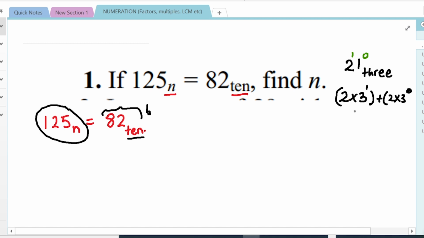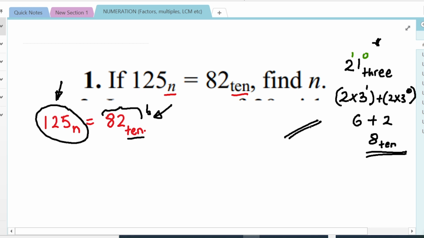That's how you convert that to base 10. So this becomes 6 plus 1 times 3 to the power 0. This is plus 1, which means this becomes 7 base 10. This is how we convert numbers from other bases to base 10. So this is what we are going to do. Since this side is base 10, let's convert this also to base 10 using that approach as well.